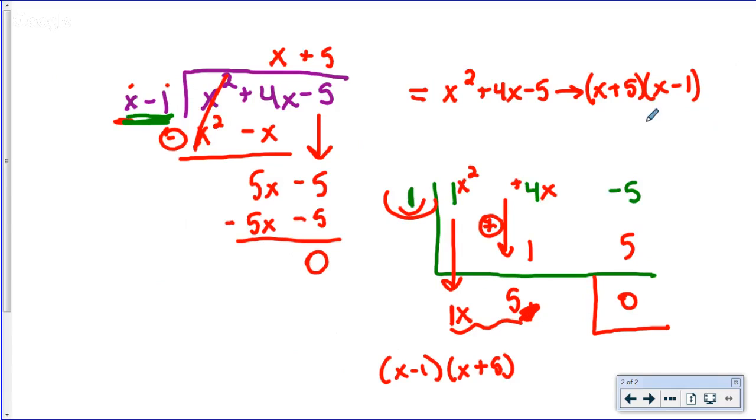And we get the same answer. This synthetic division will be very quick when we're just checking to see if items are zeros or not. You can do it the same way on both. And that's all 4.3 is, just practicing these two methods of division.